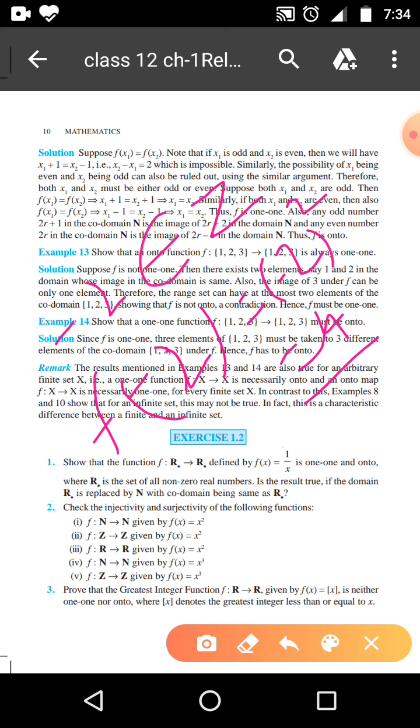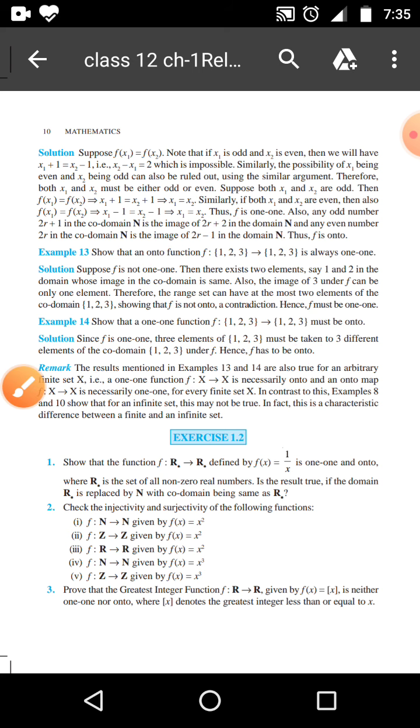That's why it is not an onto function. Similarly, next part, R to R. If we see R to R, f(x) is equal to x square. In the same manner, this is neither one-one nor onto, the same above condition.